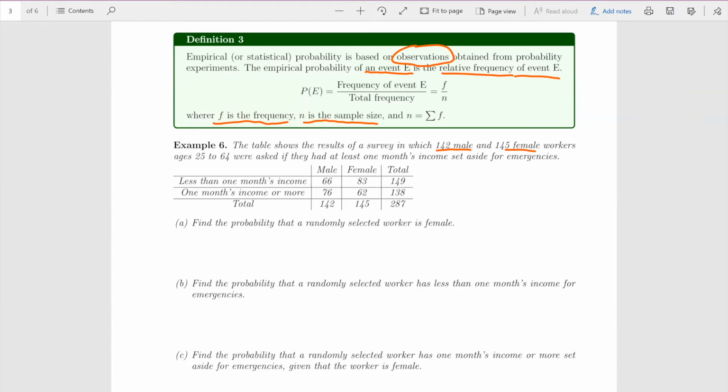You have a male column, a female column, and the total column. The first row shows how many people have less than 1 month's income, and the second row shows how many responses have 1 month or more than 1 month of income.